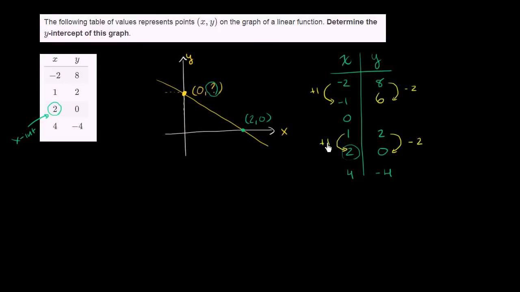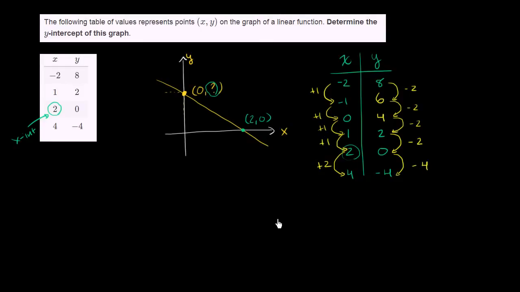So y is going to be 6 here. When x increases by 1 again, y is going to decrease by 2. So we're going to get to 4. And we see it works, because if we increase by 1 again, then it is indeed the case that y decreased by 2. And you see here when we increase x by 2, then y decreases at twice the rate, because now we didn't just increase by 1, we increased by 2, so now y is going to decrease by 4.